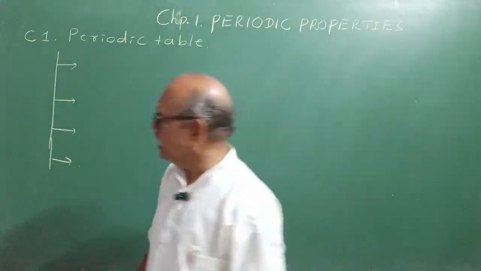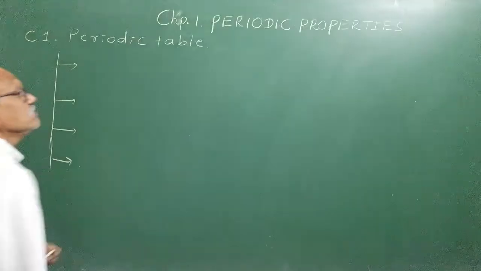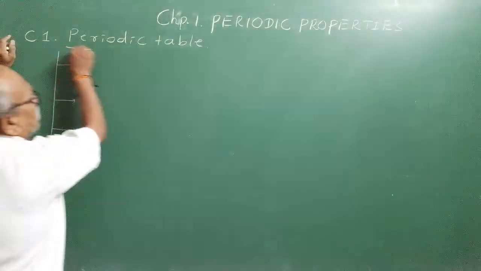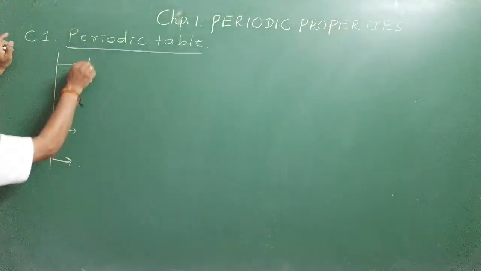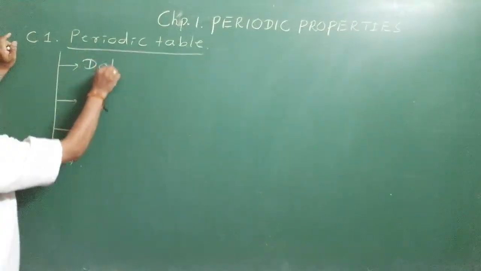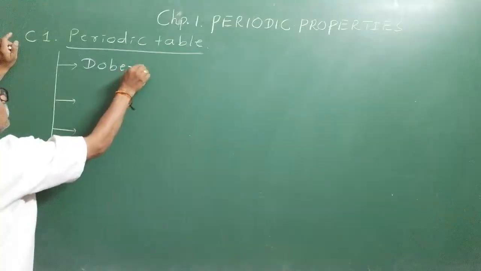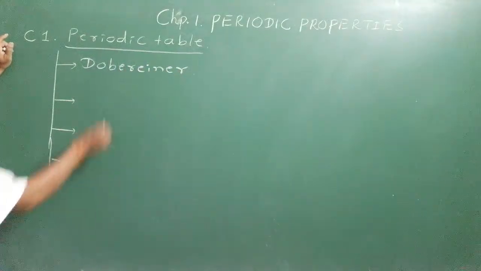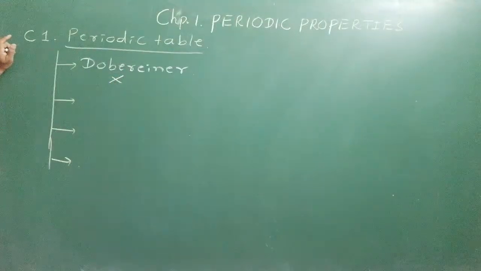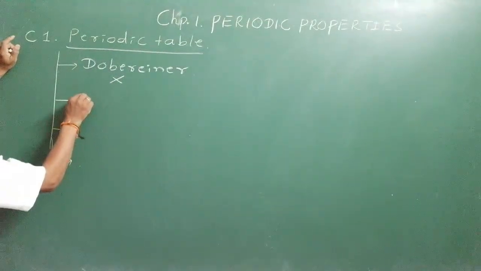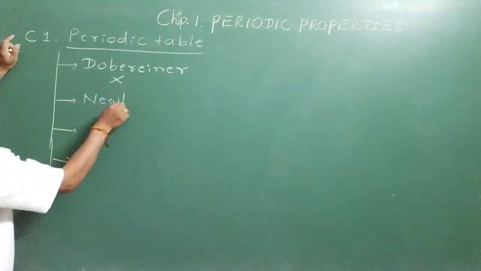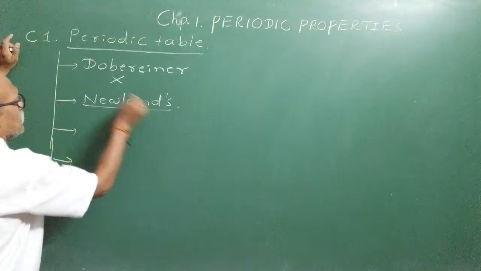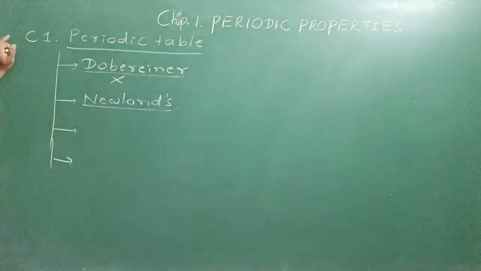We started learning the periodic table, the development and origin of the periodic table. In the last class, we studied that the first contribution was by Dobereiner with his law of triads. It failed because all elements could not form triads. Then came Newlands' law of octaves, by an English chemist.